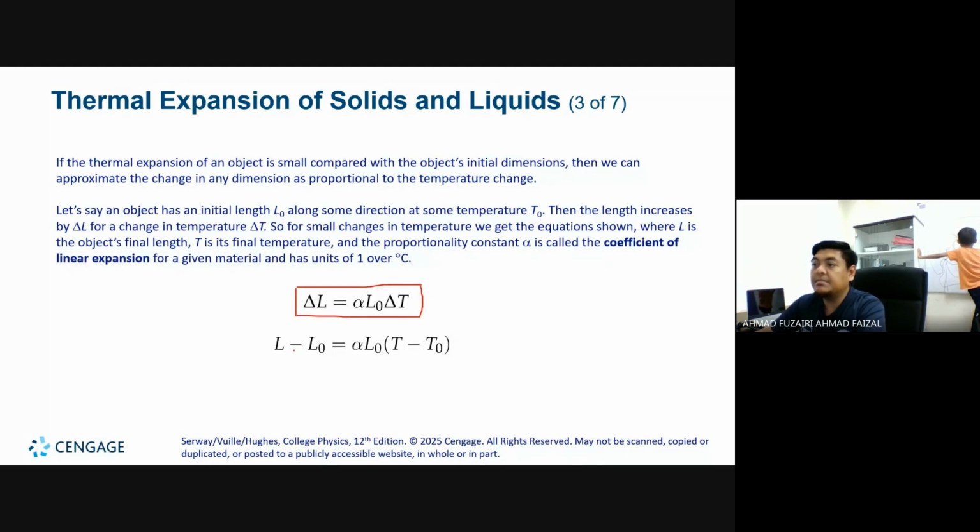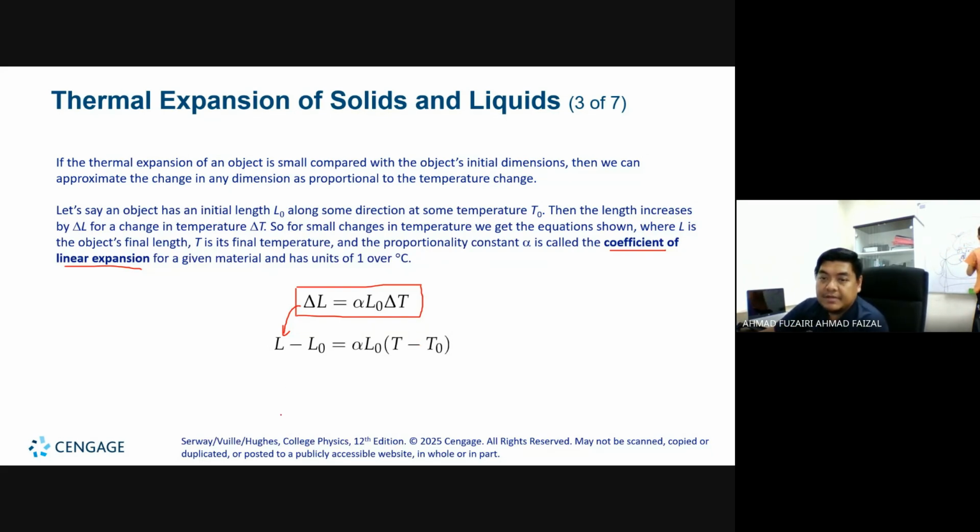Delta L is the change in L, L is the final length and L naught is the original length, times alpha, the coefficient of linear expansion, and of course delta T, which is T minus T naught, the change in temperature.